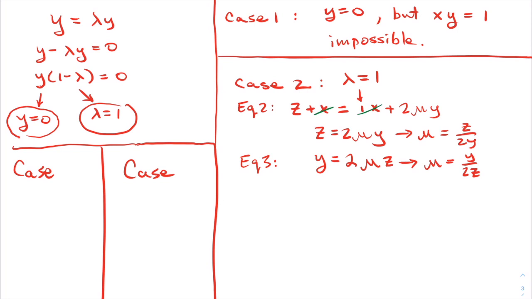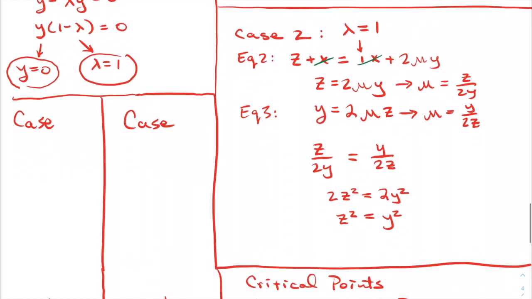We can say z over 2y has to be equal to y over 2z. And it's easy enough to cross multiply that. You would get 2z squared equals 2y squared. So z squared is y squared. And therefore z is plus or minus y.